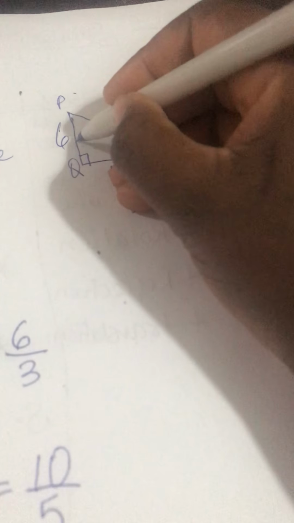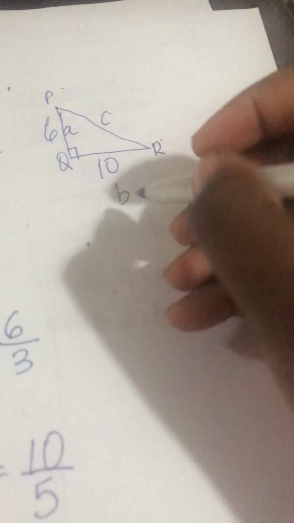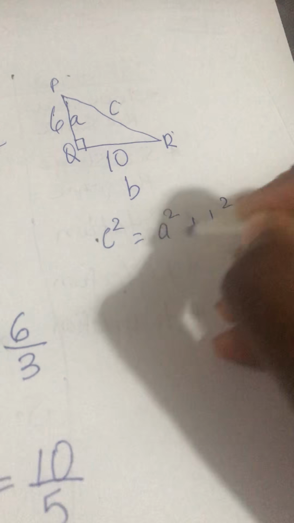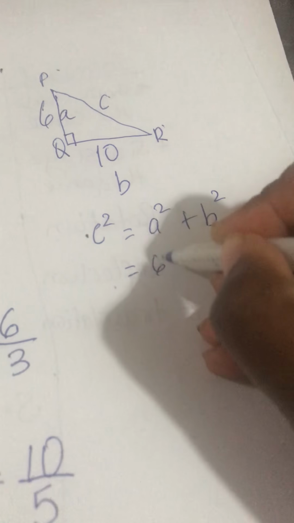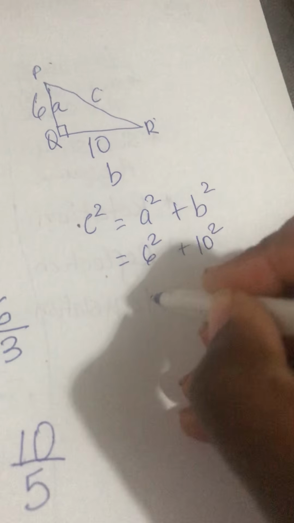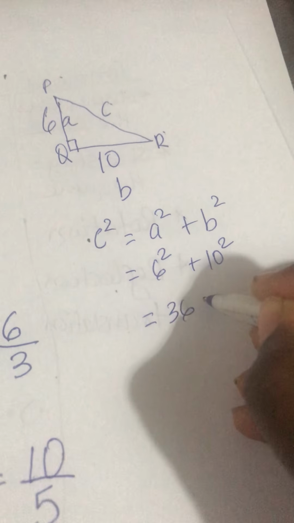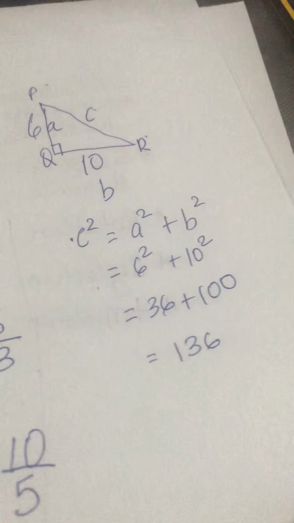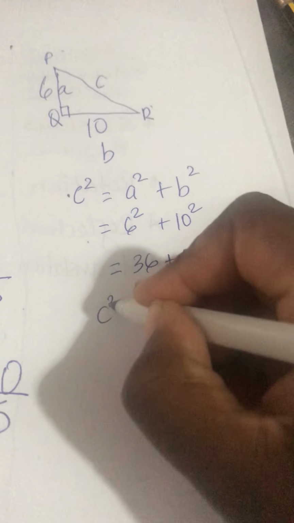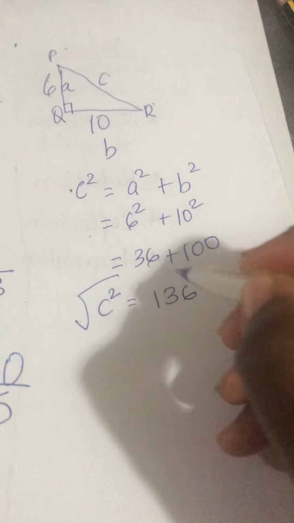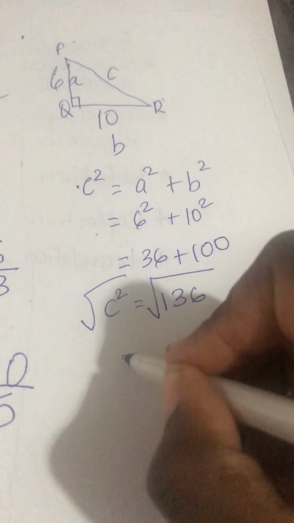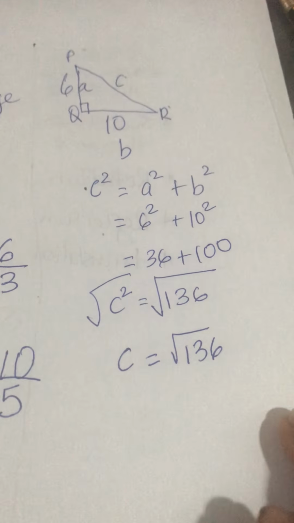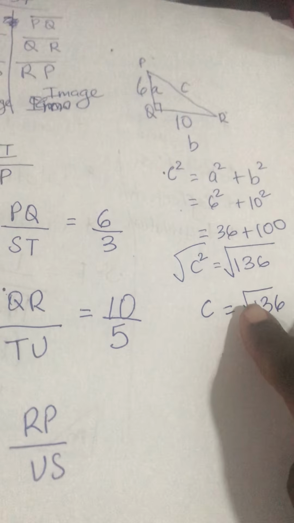This is B. This is A. This is C. C squared equals A squared plus B squared. 6 squared plus 10 squared. 36 plus 100. 136. C squared equals 136. Square root of both sides. C equals the square root of 136. I can leave it like that.